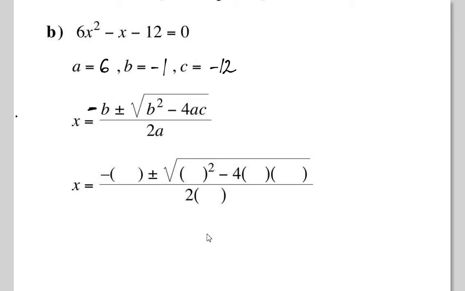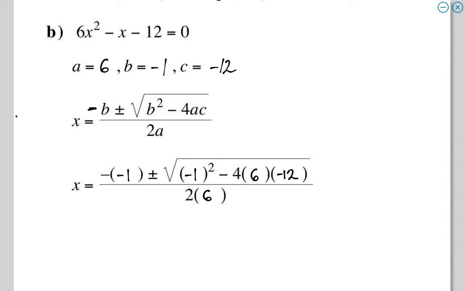It's negative B, so you have to put in -1, and there's also a negative on the outside. Plus or minus the square root of B squared, so -1 gets squared, minus 4 times 6 times -12, all over 2a, which is 2 times 6.